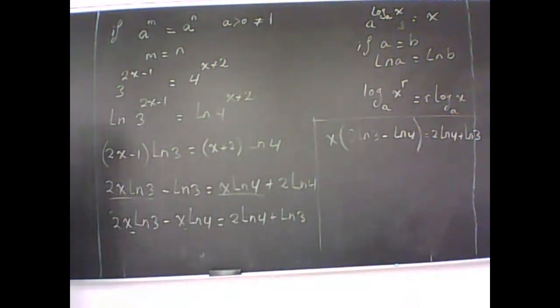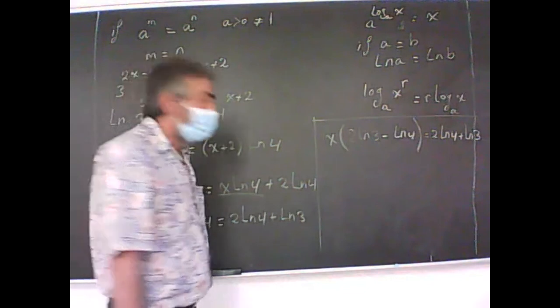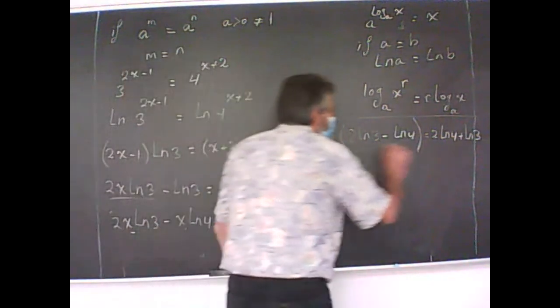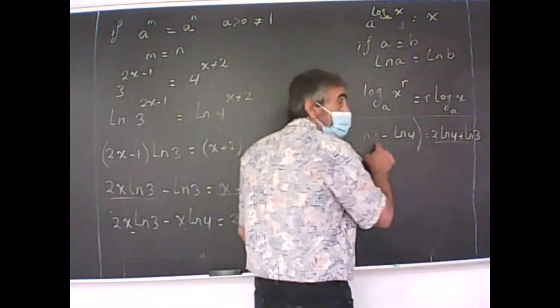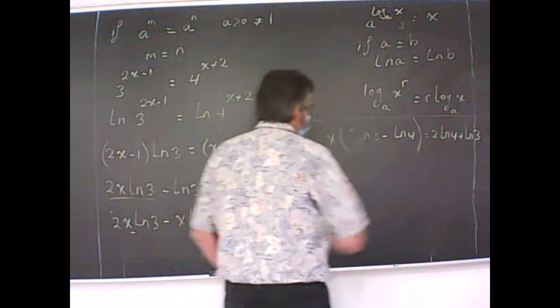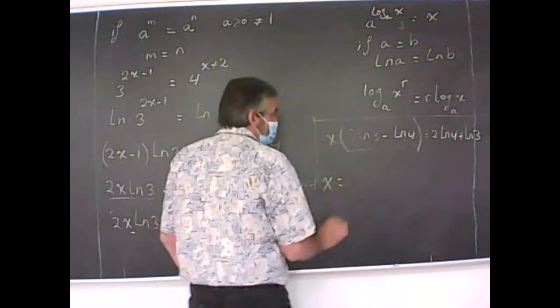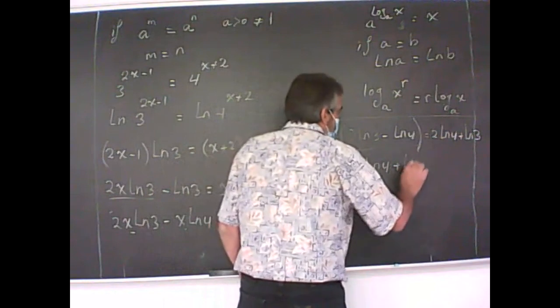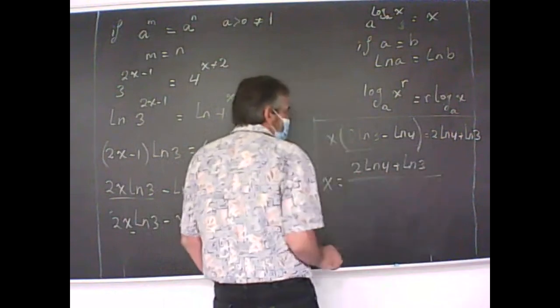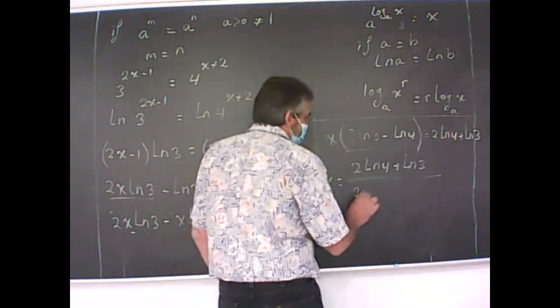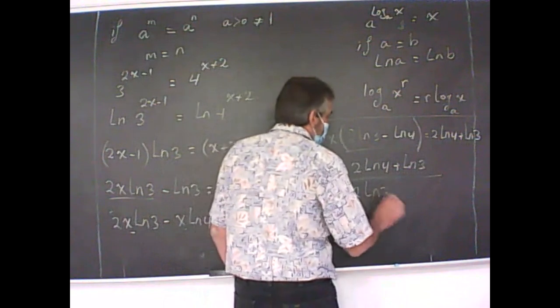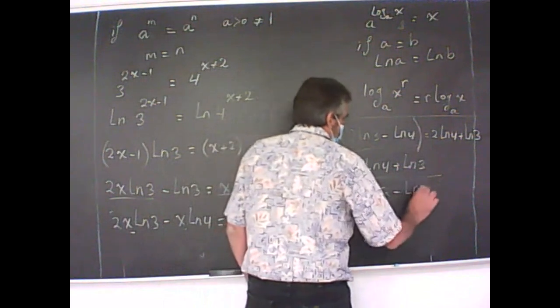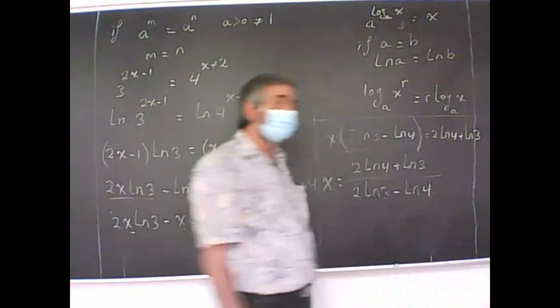Yeah? Any questions? So to solve for x, we divide by this number. So x equals 2 ln of 4 plus ln of 3 divided by 2 ln of 3 minus ln of 4.